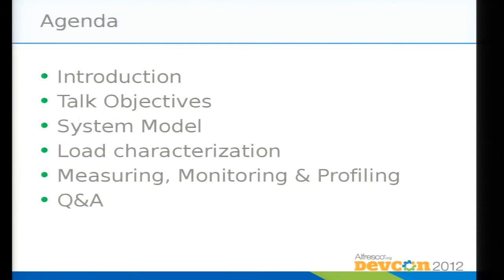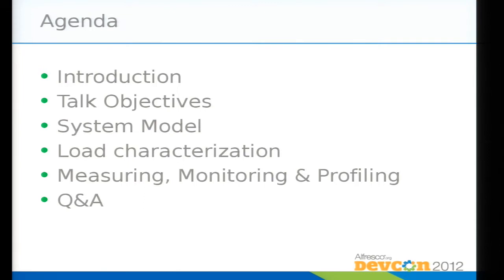So this is the agenda for the presentation. We got a short introduction. Then we are going to talk about just the objectives of the presentation. Then we're going to try to identify and model the system as a whole, including all the components and everything. Then we're going to define what load we want to apply to a certain system. That would be maybe familiar to most of you.